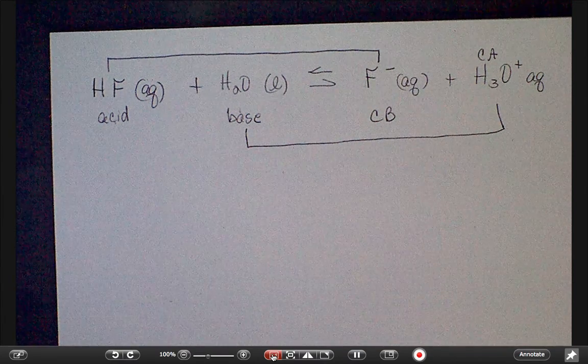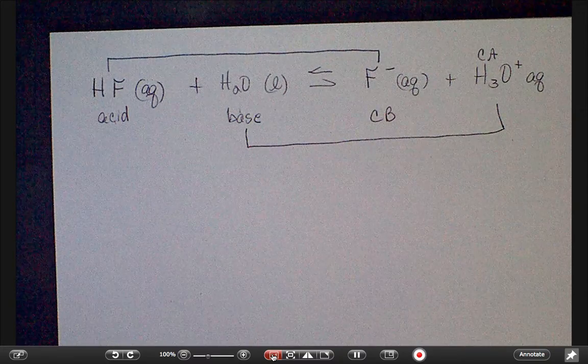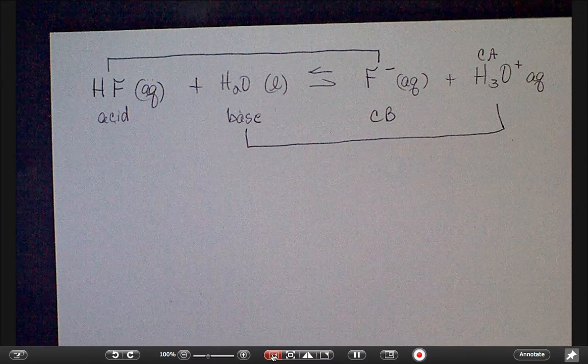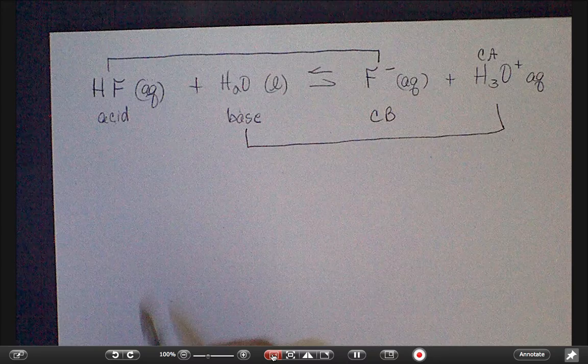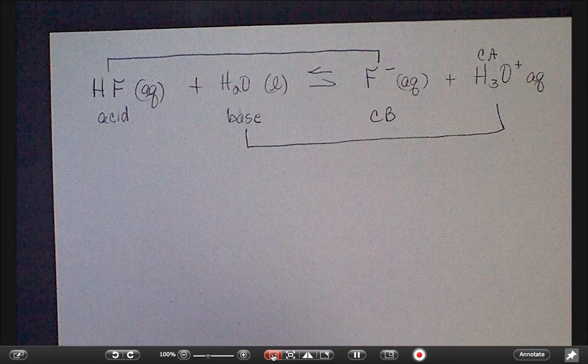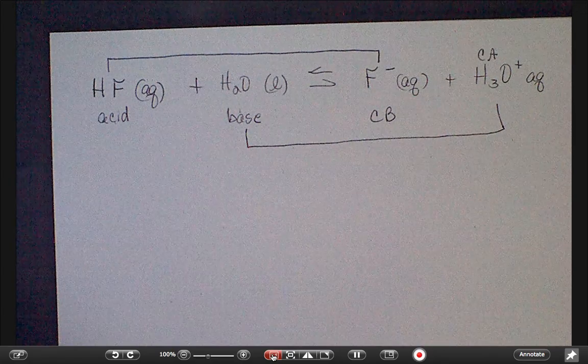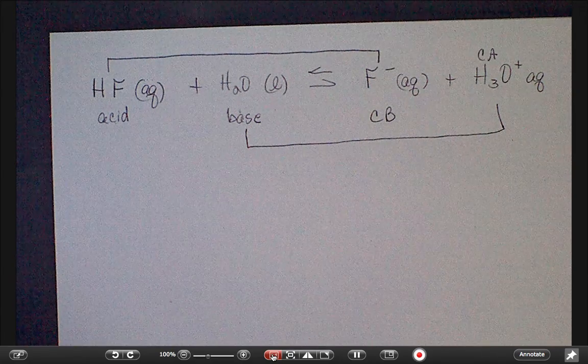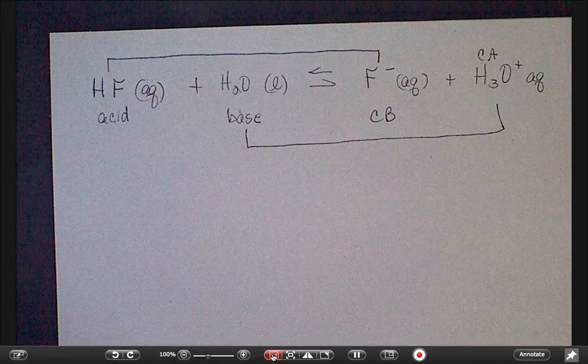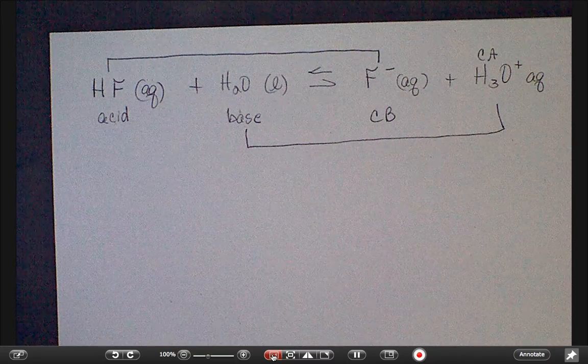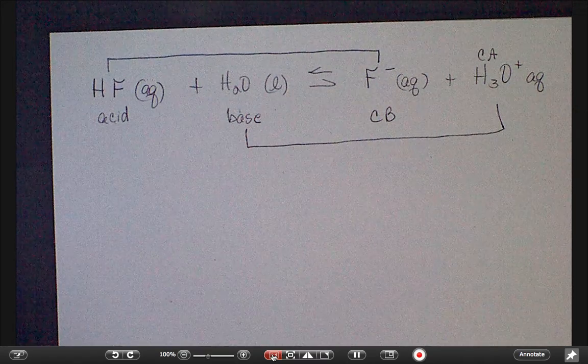And the brackets are showing you the conjugate acid-base pairs. Yes? All right. Okay, I'm not going to use subscripts. I just like labeling CB and CA.